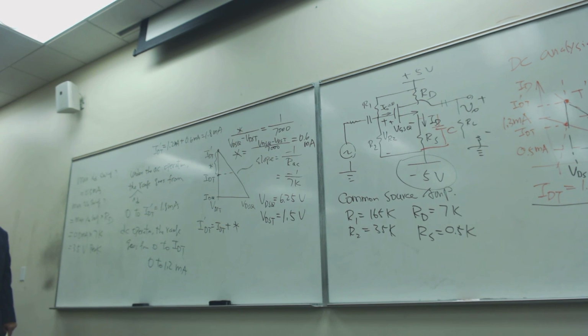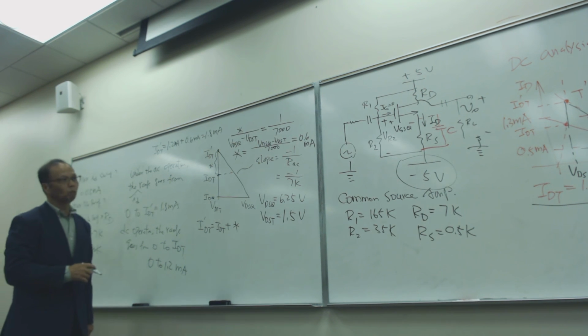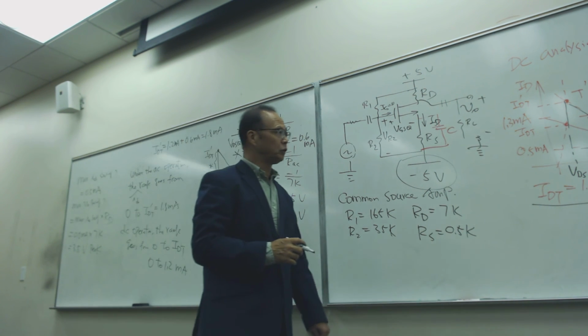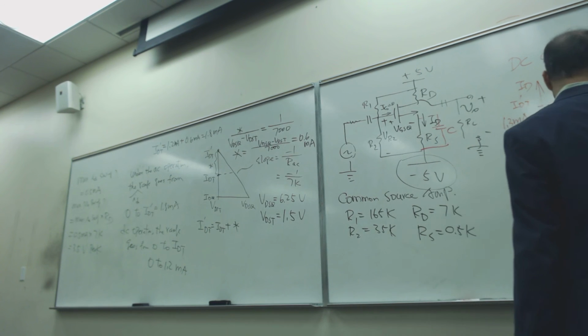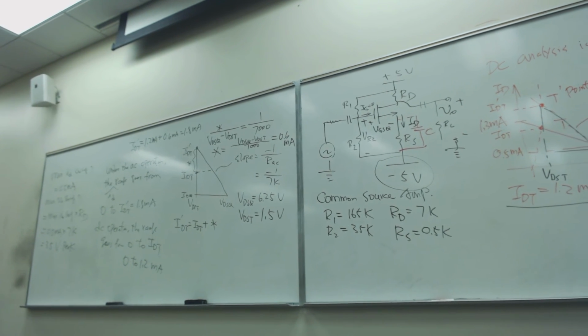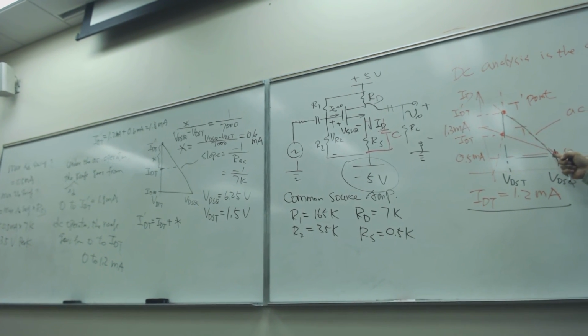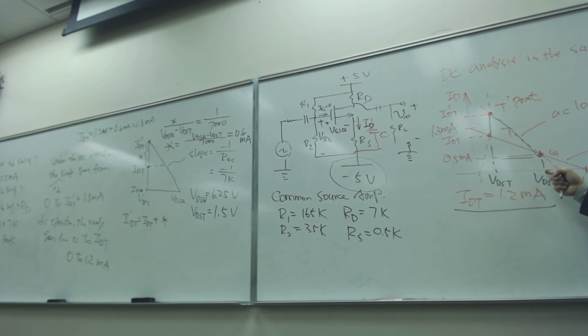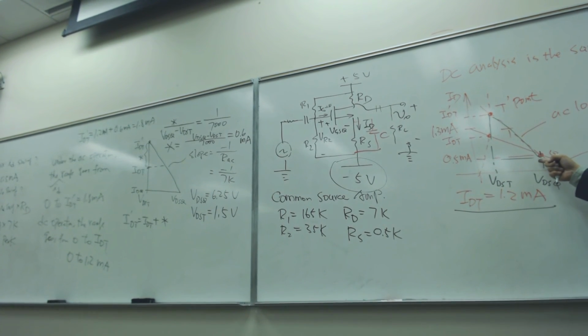But it does not mean your swing can be improved. It depends on the location of the Q point, right? So now this is the range of AC operation. Unfortunately, your Q point is located below the midpoint. So therefore the swing is limited by the smaller window.